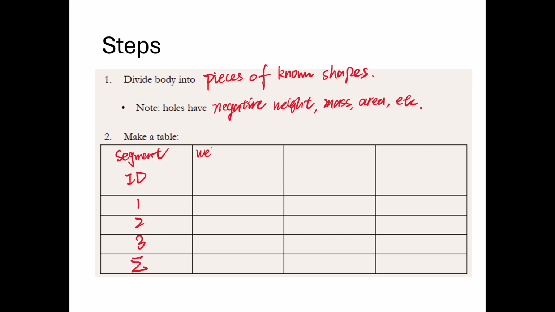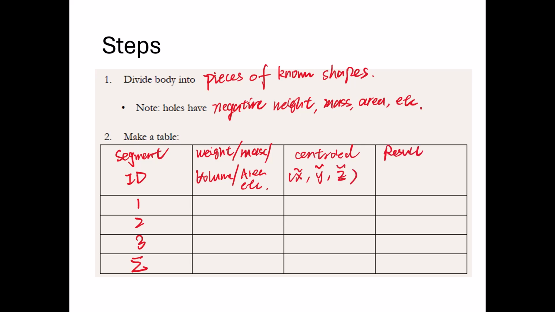Second column: weight, mass, volume, or area, depending on which we are calculating. Third column: centroid for each simple shape, x tilde, y tilde, and z tilde. Then the results, like our intermediate calculations.